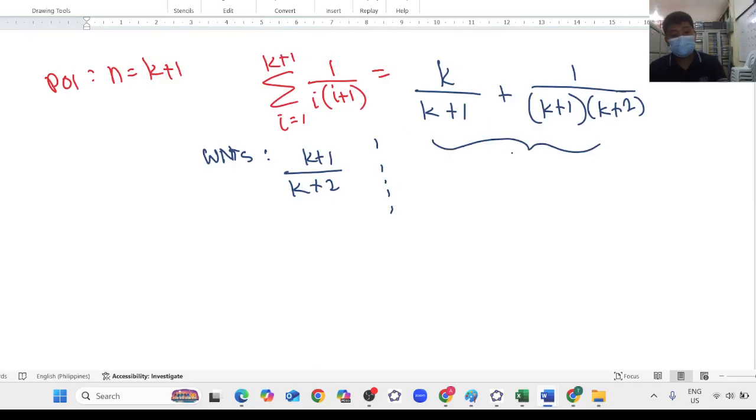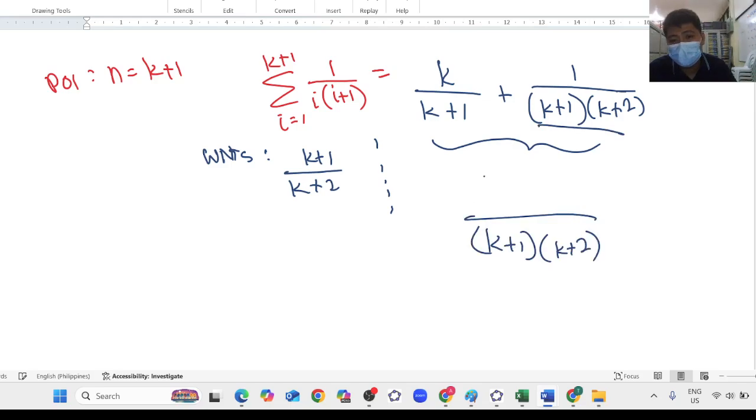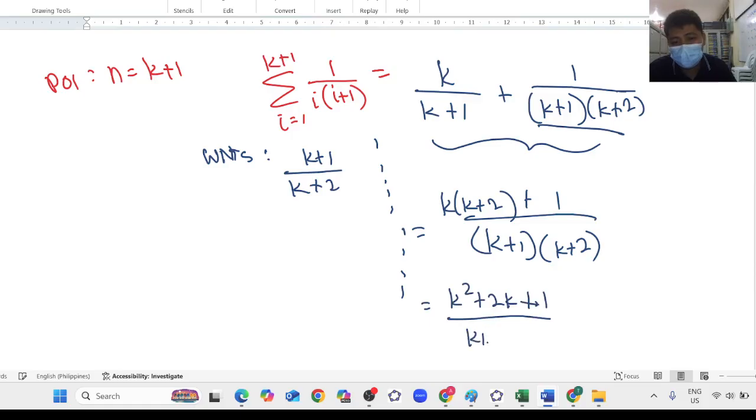Okay, then the common denominator is k plus 1 times k plus 2. The first one becomes k times k plus 2, and that is k squared plus 2k plus 1 over k plus 1 times k plus 2.